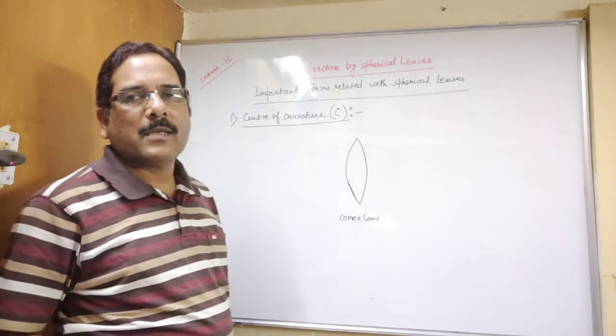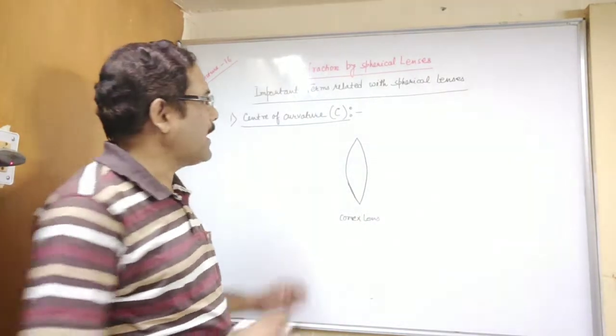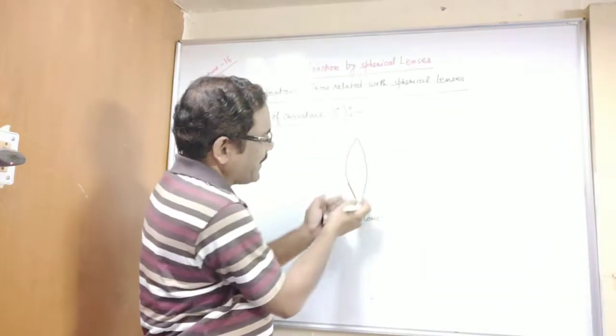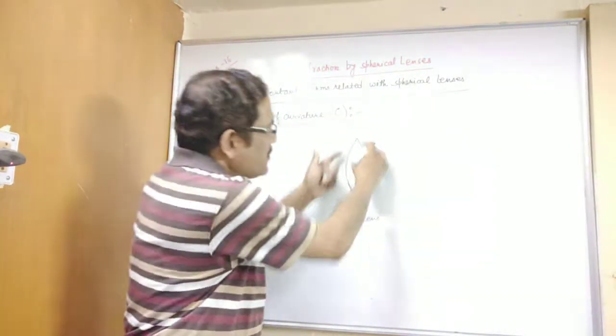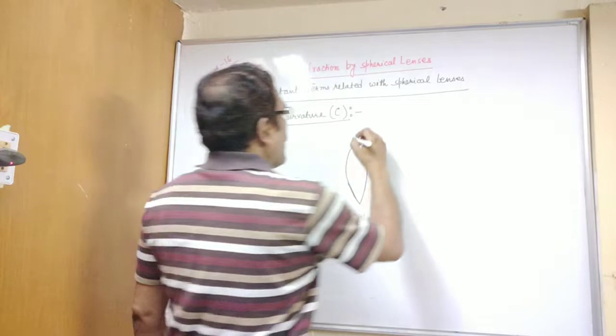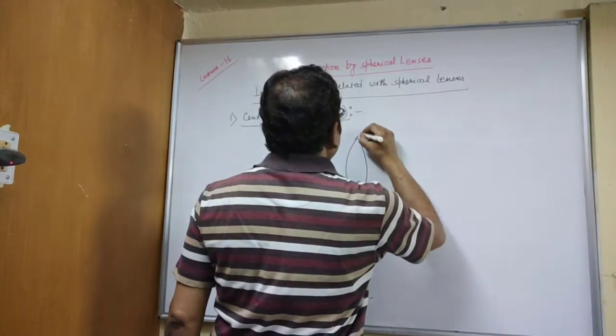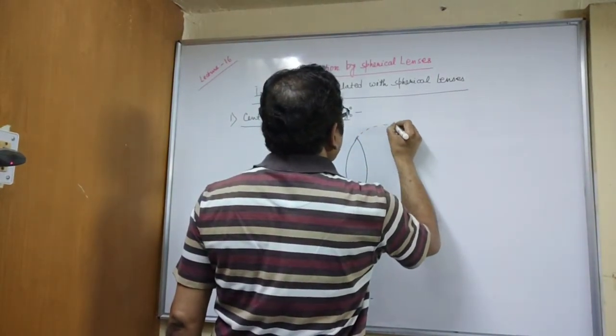So how many spherical surfaces does it have? There are two spherical surfaces. Now we can assume that these two spherical surfaces are part of a hollow glass sphere.